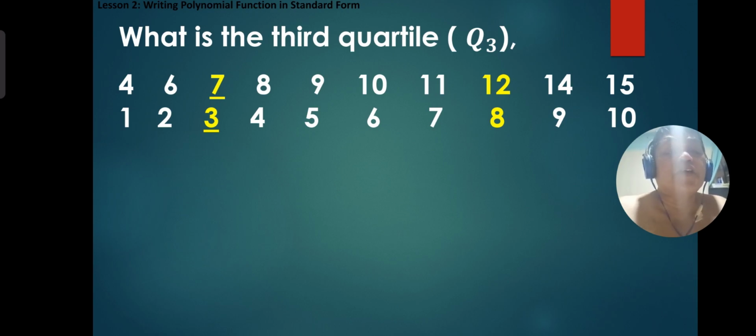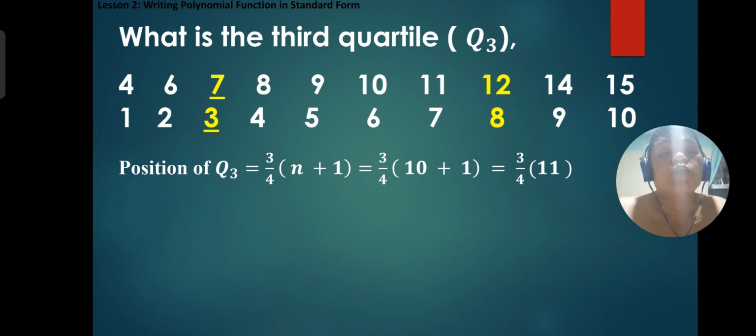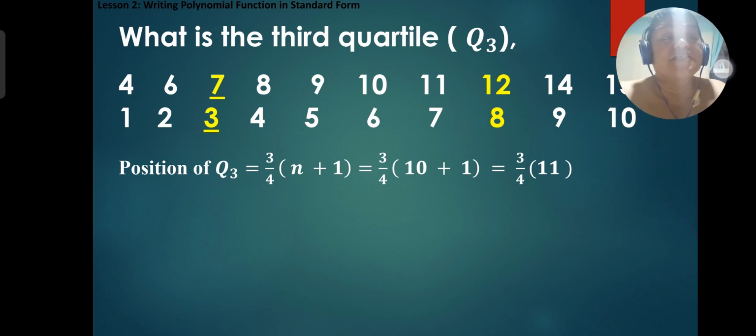Again, there are 10 scores. We find the position of quartile 3, or the upper quartile. The formula is 3/4 times quantity n plus 1. Substituting n, we have 3/4 times 10 plus 1, equal to 3 over 4 times 11.